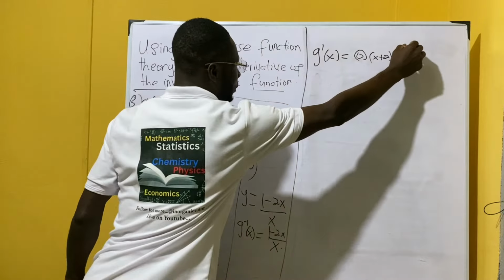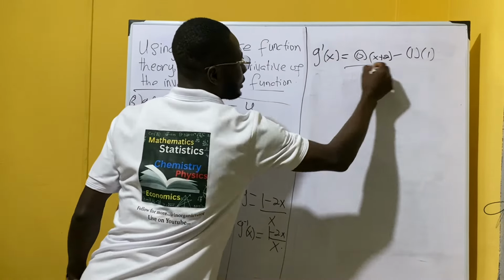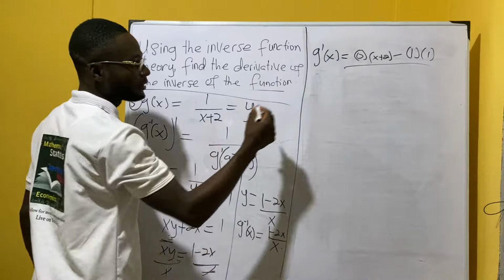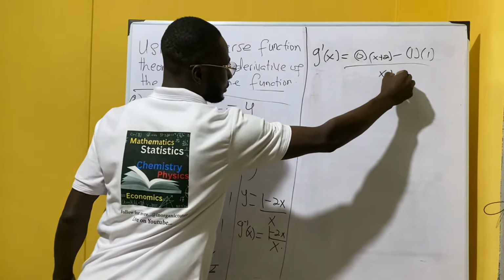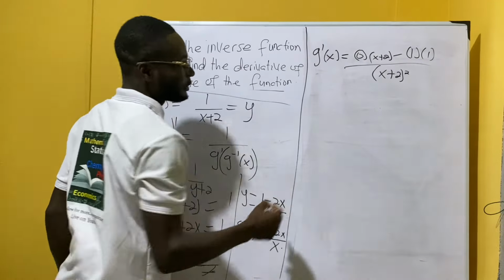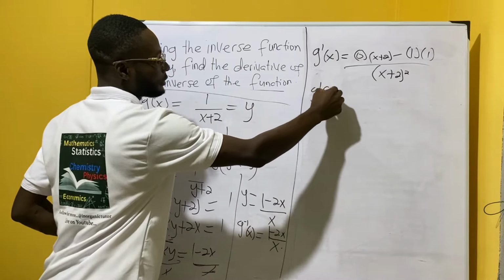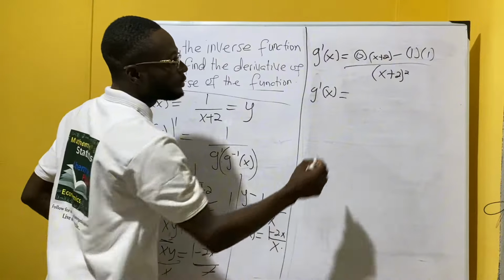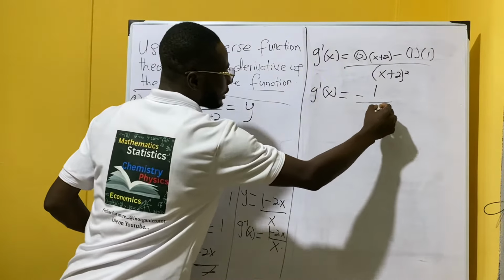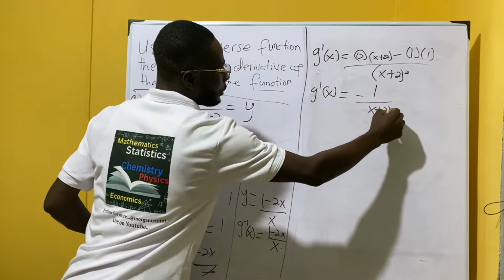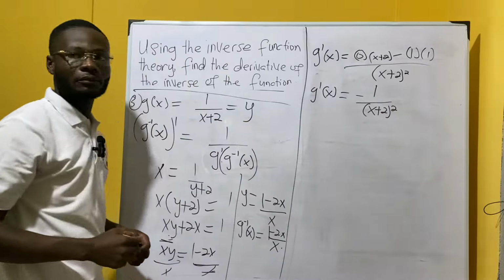So we have 1 into 1, and that is all over the square of the second function, right? So this, basically, we're going to have the derivative of g equals minus 1 over x plus 2 all squared. Right.